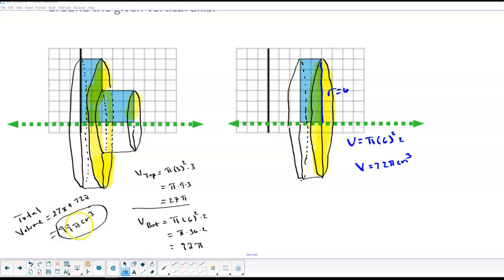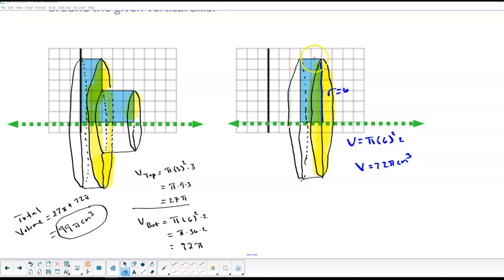And here you can see, just quickly, the volume of these two cylinders gives us 99 pi centimeters cubed. If I take the rectangle and rotate it about the horizontal axis to the bottom side, it would create almost like a hockey puck, one cylinder with a radius of 6 and a height of 2.